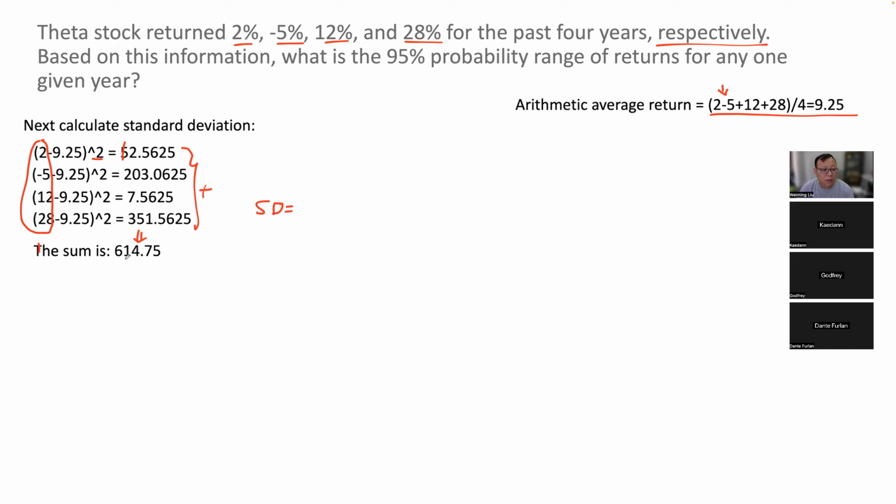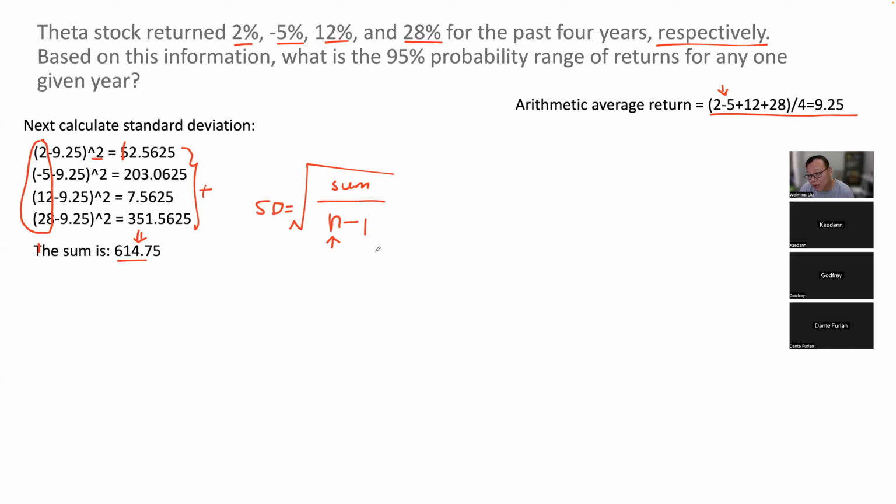Remember this number is squared, but in order to get my standard deviation, I have to take a square root of this sum, but this one has to be divided by n minus 1. This n is your number of observations. Why minus 1?